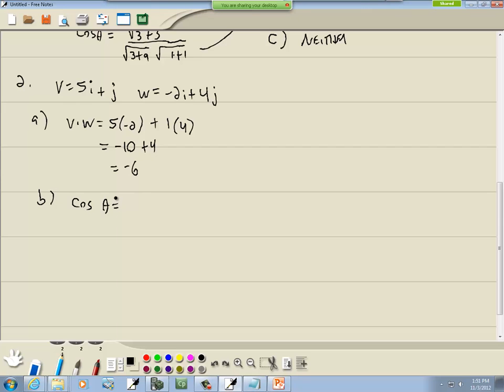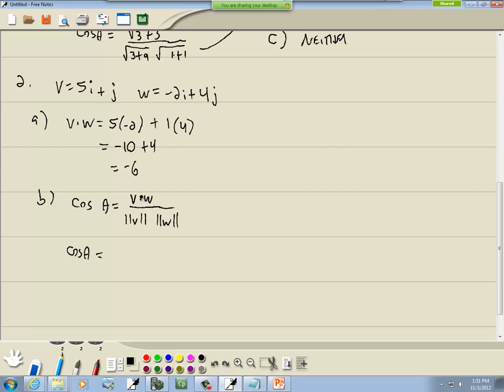Now our angle between these. We're going to take our dot product, v and w, over the square root. Actually, let me write the formula down first. I was going to dive right in. Magnitude of v times the magnitude of w.